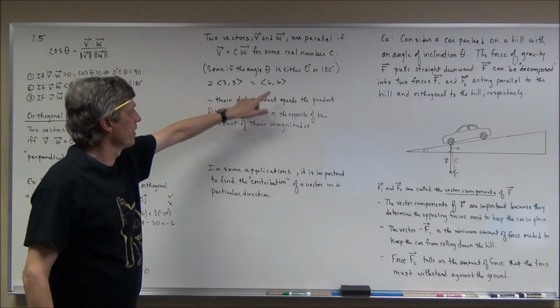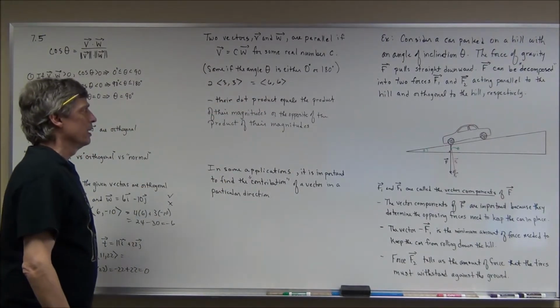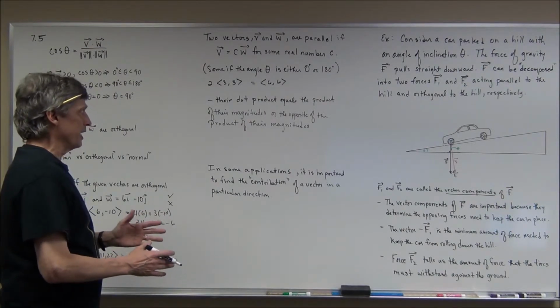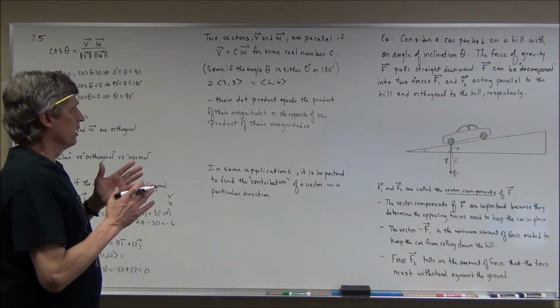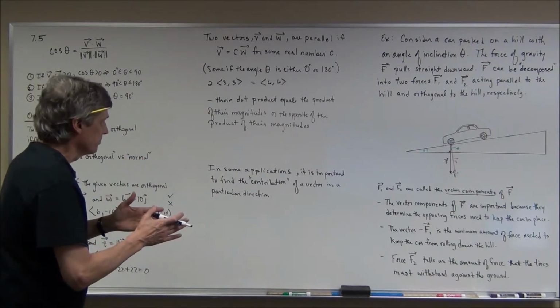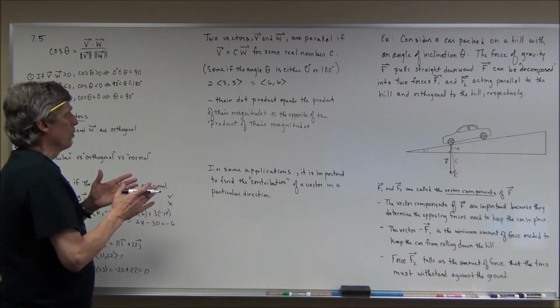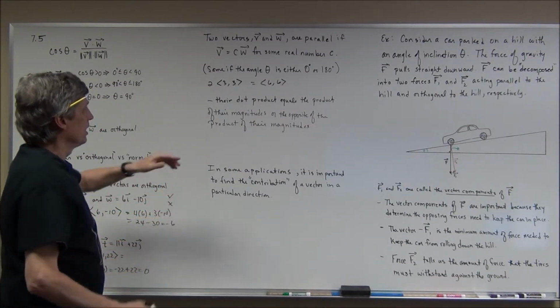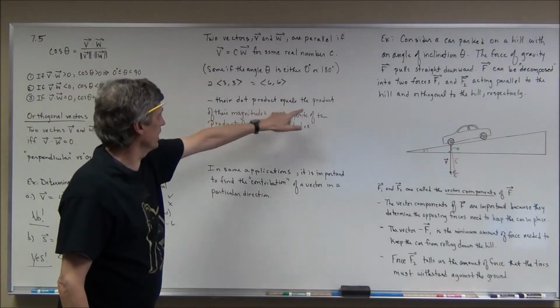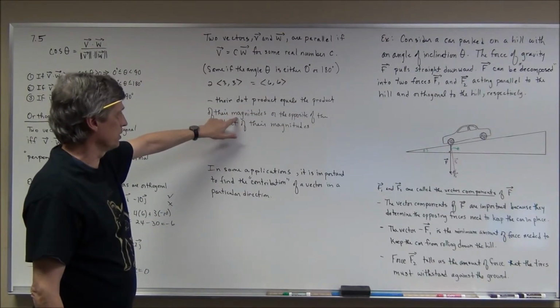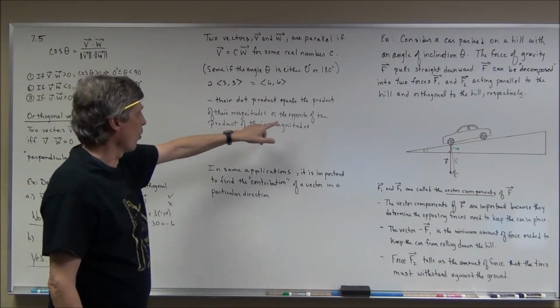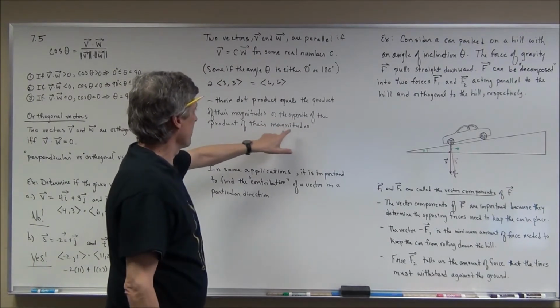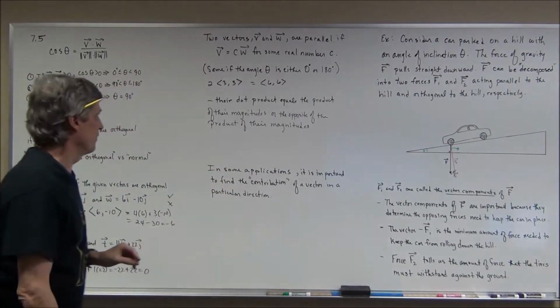Now, parallel in terms of vectors has to do with either they're going in the same direction or they're going in opposite directions. If the dot product equals the product of their magnitudes, I'm going to explain that in just a second, or it equals the opposite of the product of their magnitudes, then we have parallel vectors.